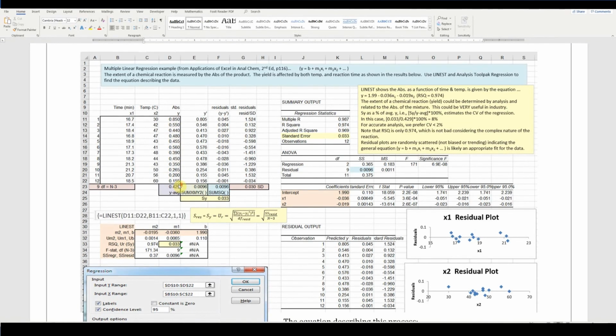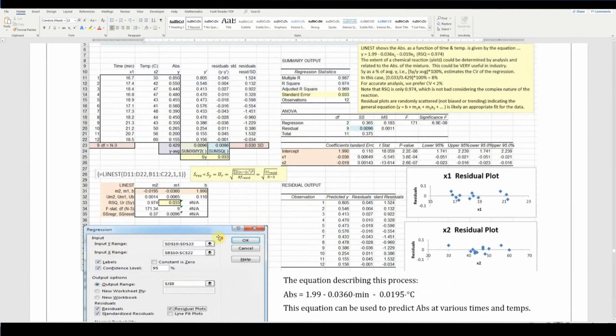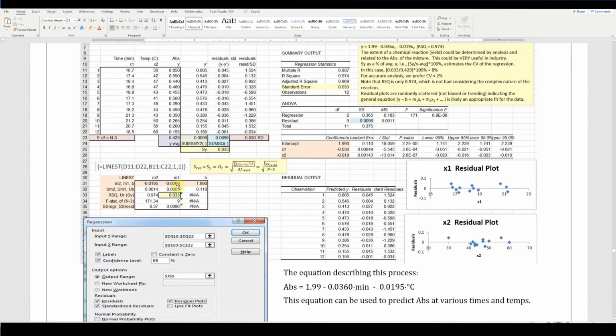We apply LINEST, and it gives us the coefficients of the variables. So this coefficient applies to the time, m1, x1, and here this coefficient applies to the temperature, m2, x2, and here's the intercept.